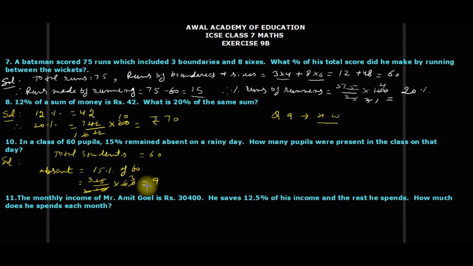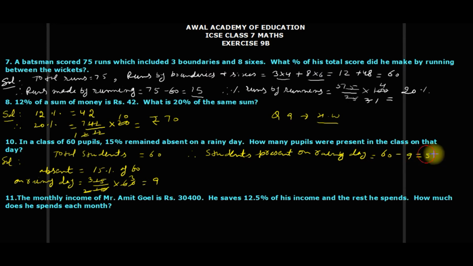So 9 students were absent on the rainy day. Therefore students present on the rainy day is 60 minus 9, 51.